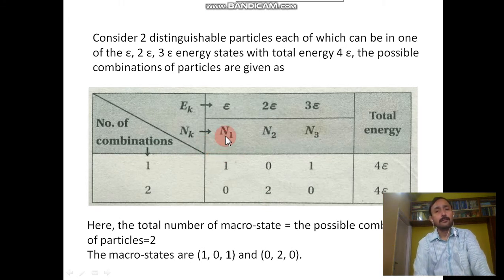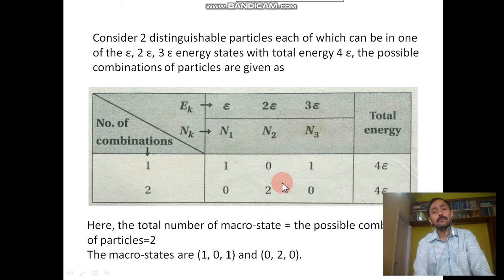Suppose we have placed one particle at the epsa energy and another at 3 epsa energy, and none at 2 epsa. Epsa into 1 means epsa, 3 epsa into 1 means 3 epsa, and 3 epsa plus epsa means 4 epsa.